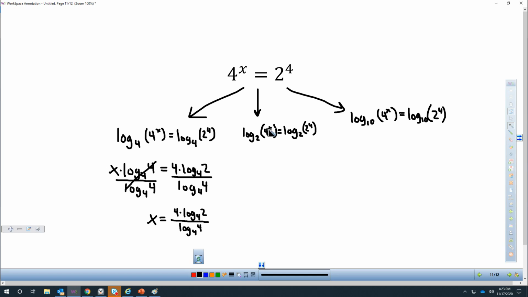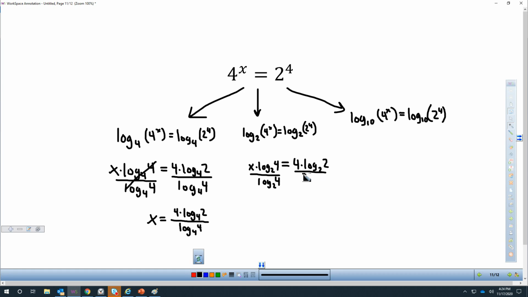Okay, now let's do this one. So again, the x is going to come out front. I can do x times log base 2 of 4. Remember, we're doing log base 2 on these ones. And then on the other side, the 4 is going to come out front, and I'm going to have 4 times log base 2 of 2. Okay, now I can get x by itself by dividing both sides by log base 2 of 4.